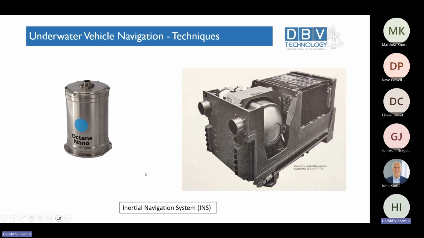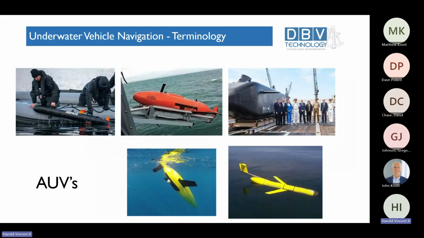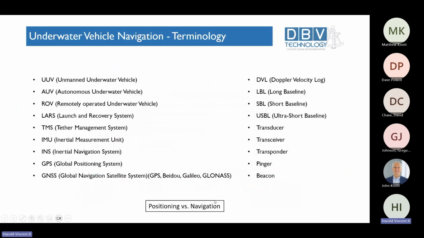I just realized I skipped over one thing on the terminology slide. I apologize. That was down here at the bottom, positioning versus navigation. Two different terms. Navigation can be considered the science and art of maneuvering a vehicle safely from one location to an intended location. Positioning is related to navigation in the sense that in order to navigate, I need to know my present location.